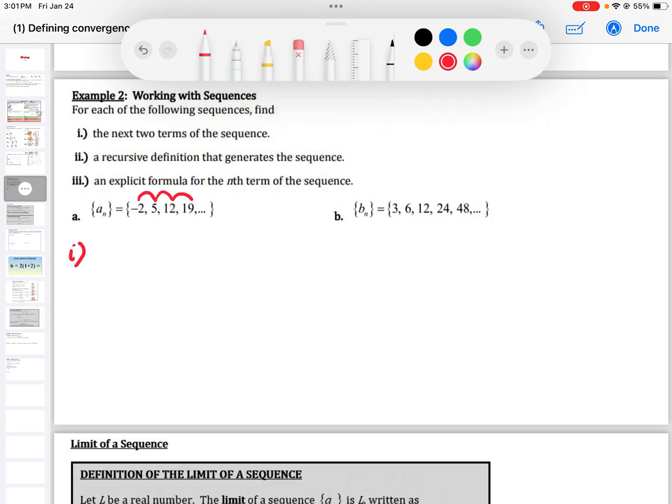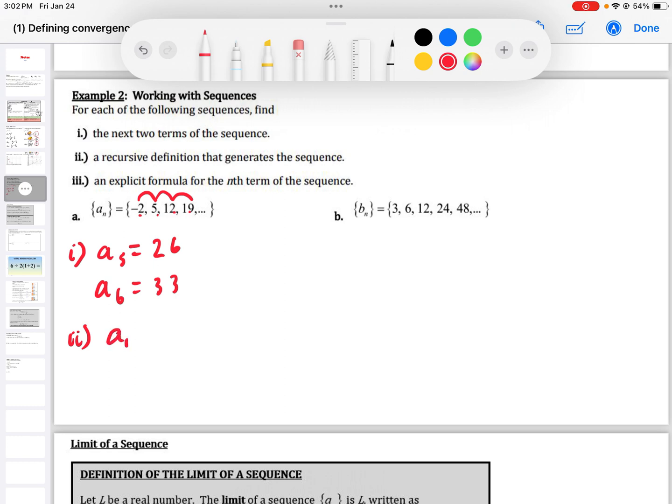I got to figure out what's going on. It's not alternating. It's just going from negative 2 to 5. It went up 7. 5 to 12 went up 7. 12 to 19 went up 7. That's the first, second, third, fourth. So the fifth term, a sub 5 is equal to 26. And then a sub 6, add 7 to that, and it would be 33.